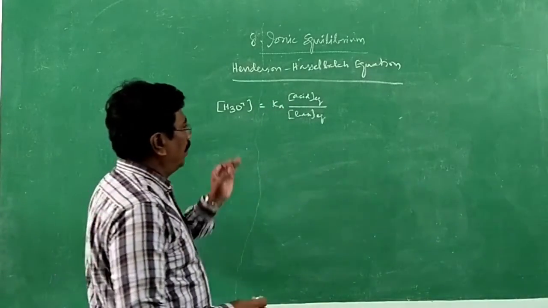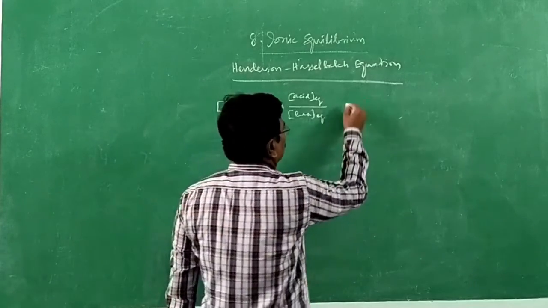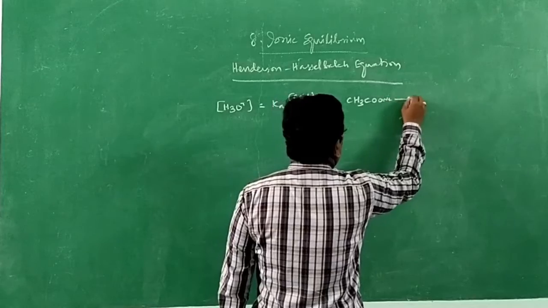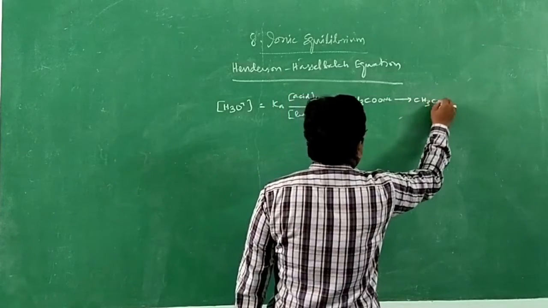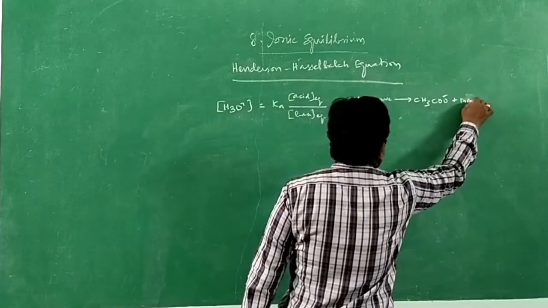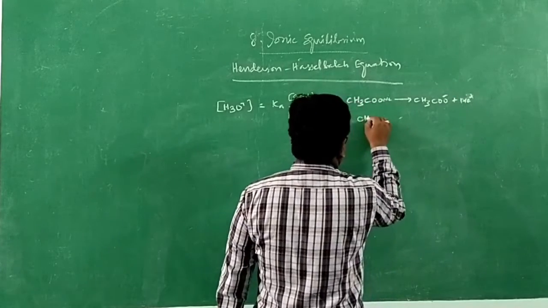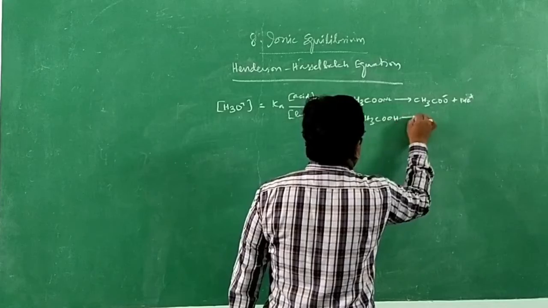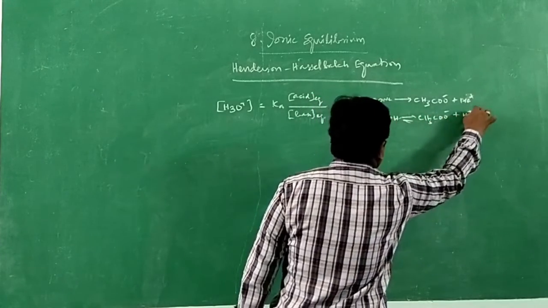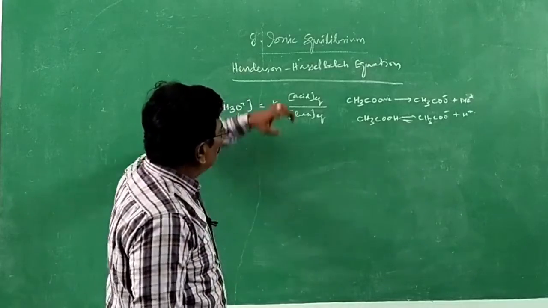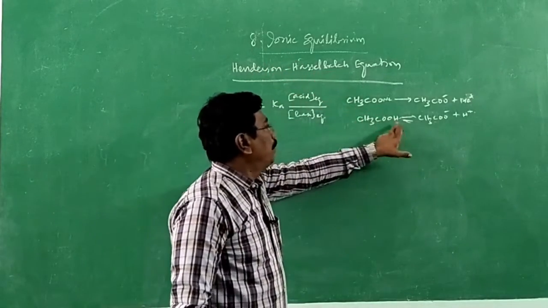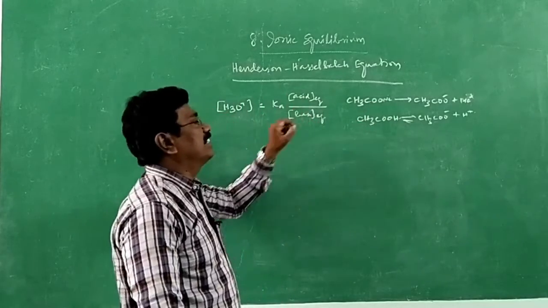Now, let me write the same equation once again. Sodium acetate gives acetate ion and sodium ion, and acetic acid ionizes to form acetate ion and hydrogen ion. This is what we have written. Now, the equilibrium concentration of acetic acid, that is acid, may be considered as the initial concentration of acid.